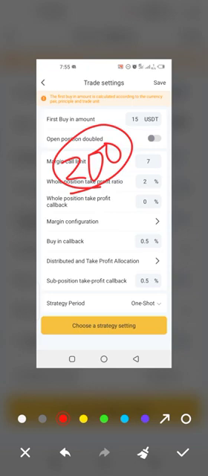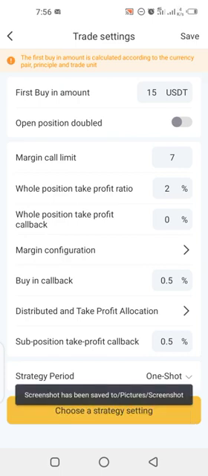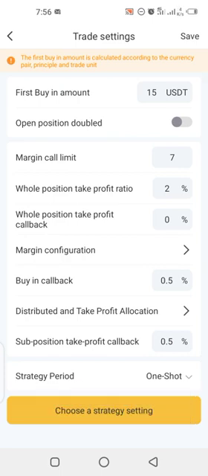There are trades that could be perfect with good areas of price action. All right. Now, let me say I have $200 and my first buying amount should be 15. It means that whenever the robot goes in the market for the first time, it will invest $15.